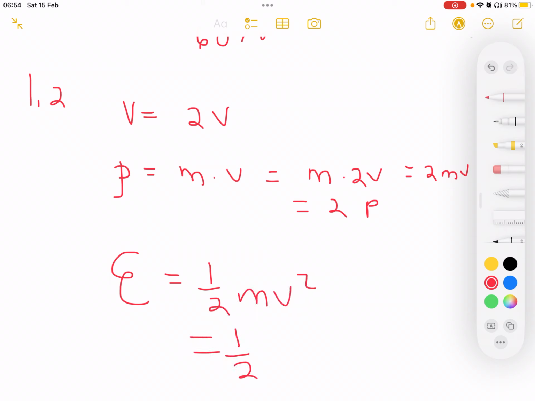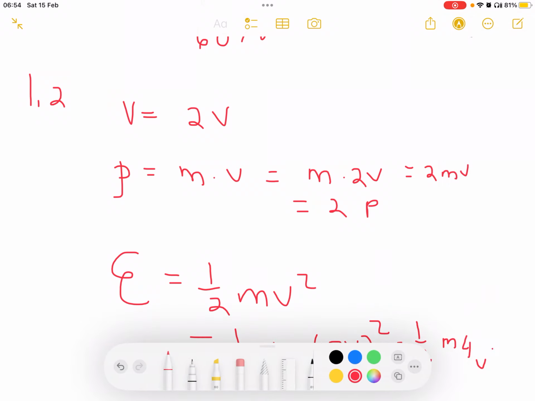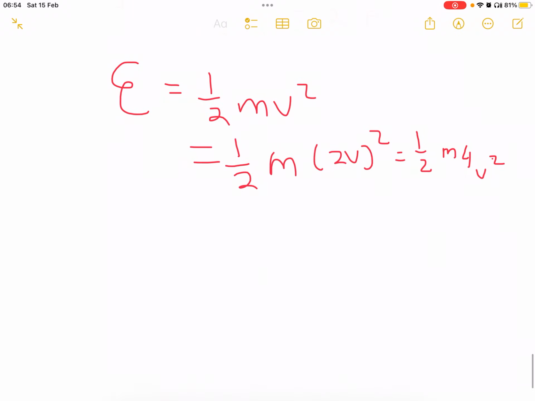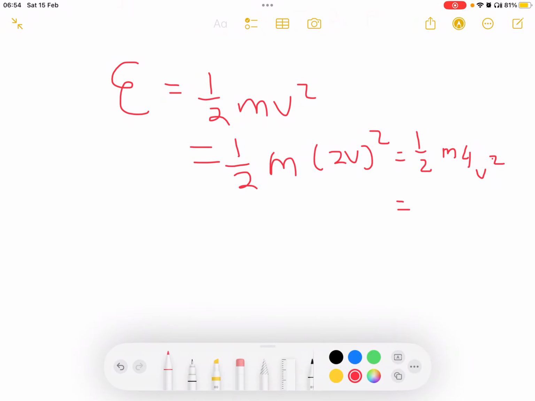Now you double the velocity, you're going to get a half m times (2v) squared, which is half m times 4v squared. Then this will be equal to half times 4, which is 2mv squared.